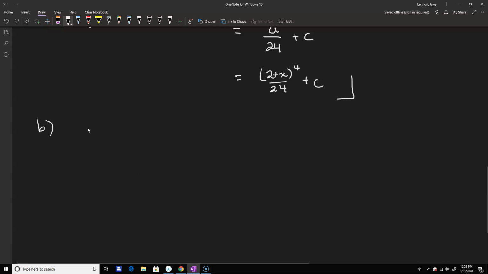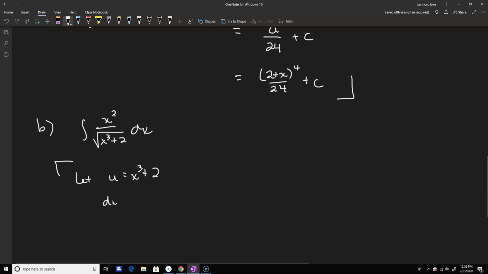Let's say we're doing the integral of, let's say, x squared over the square root of x cubed plus 2 dx. So again, our variable substitution, we want to let u be x cubed plus 2.